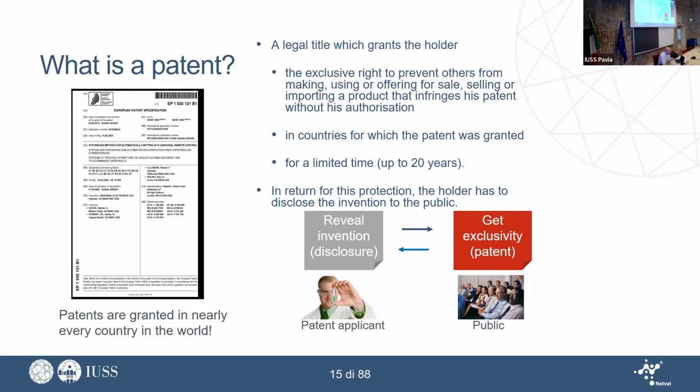Why is there this agreement between society and the inventor? Society is interested in encouraging innovation so that better products can be made and better production methods can be used for the benefit of all society.